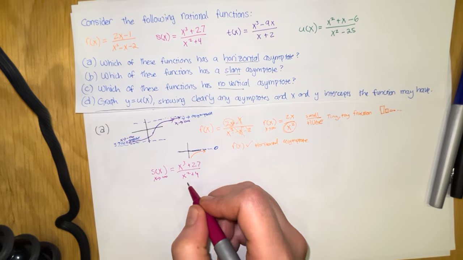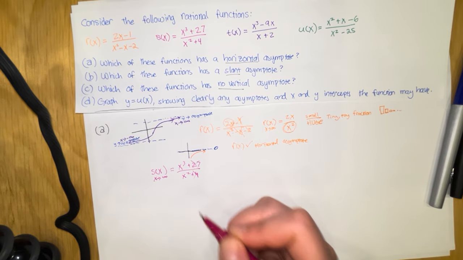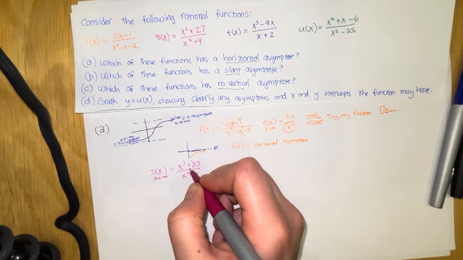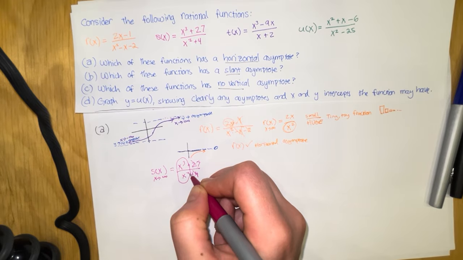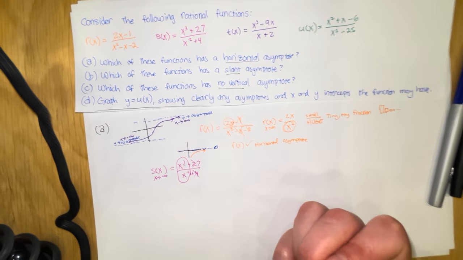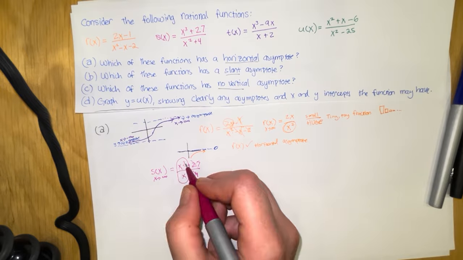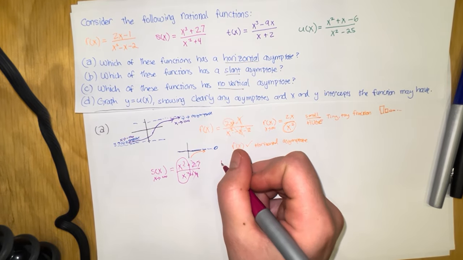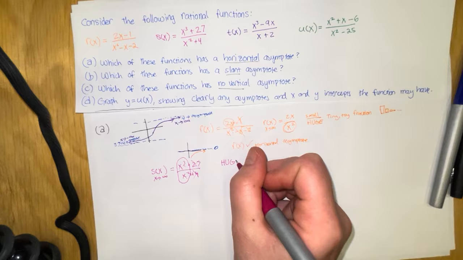Well, if x is going towards infinity, we couldn't care less about these numbers. They're not going to really affect it very much. So now we're just left with x cubed over x squared. So you have to ask yourself, which one is going to grow bigger? Well, x cubed is going to grow a lot faster than x squared. So you're going to end up with, as x goes to infinity, a huge number.